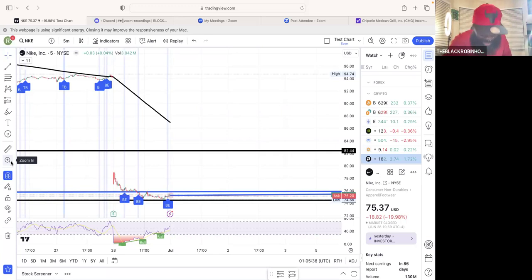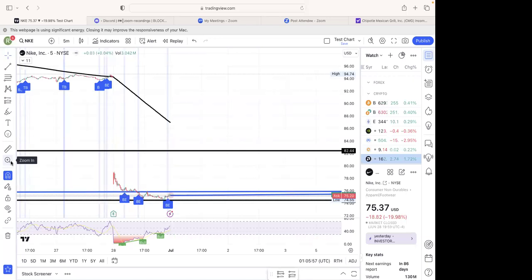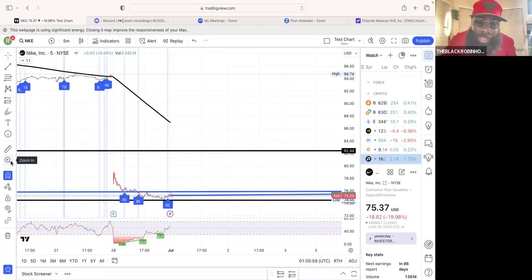Okay, so here's the thing. With PayPal, Dell, and Palantir, those are supposed to be on one account. The goal is you're supposed to have different accounts. So the PayPal one, we are looking for 50%. The Dell, we are looking for 50%. Palantir, we are looking for 50%. So on that account, that is the 1K to 100K challenge account.